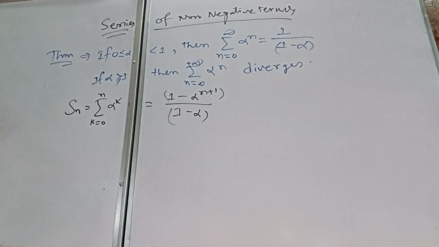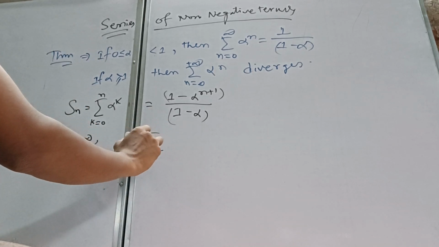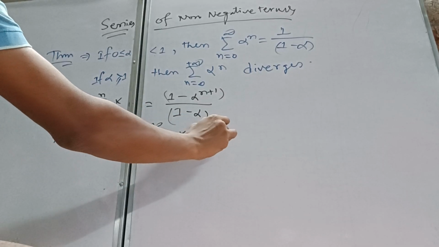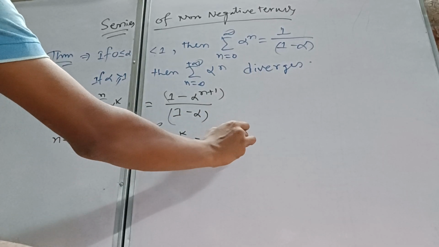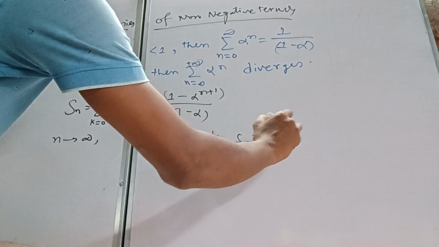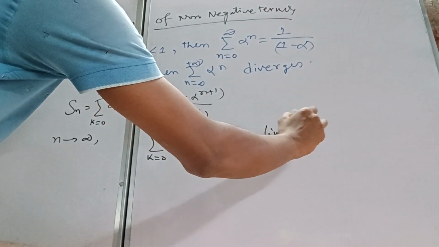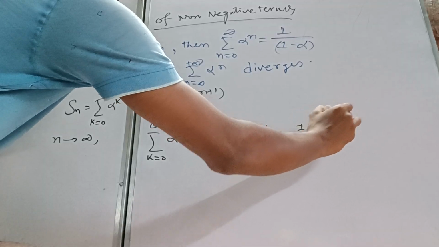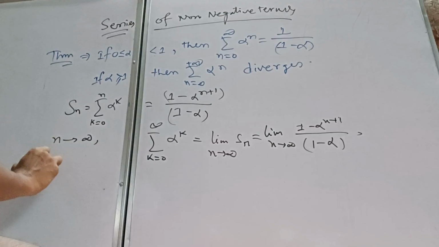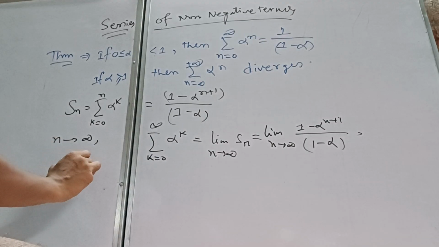So we put n tending to infinity, then this becomes the summation k equal to 0 to infinity of alpha to the power k, and this becomes the limit as n tends to infinity of 1 minus alpha to the power n plus 1 by 1 minus alpha, where alpha belongs to 0 less than or equal to alpha less than 1.